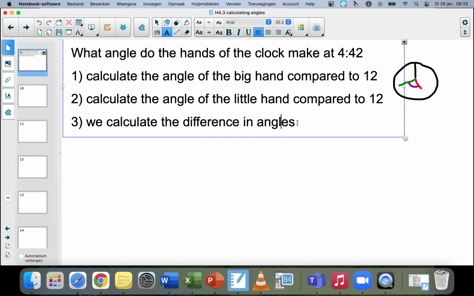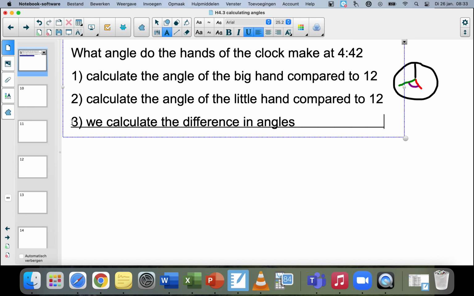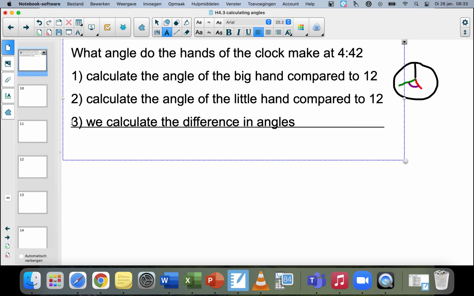So for step 1, let me underline this, mainly to separate it from actually doing step 1. For step 1, we're going to look at the big hand. Well, the big hand goes a full circle in 60 minutes.